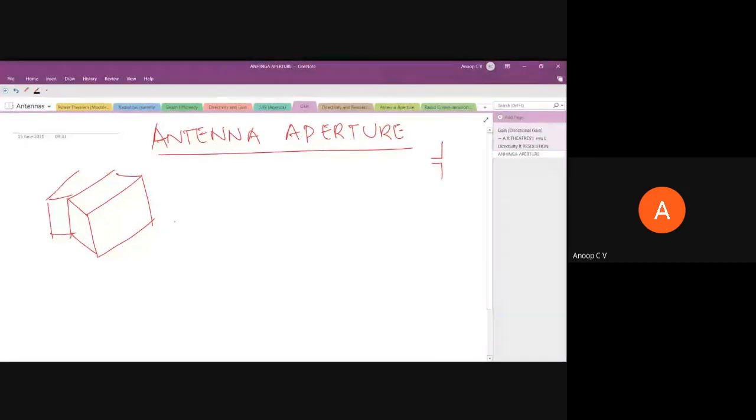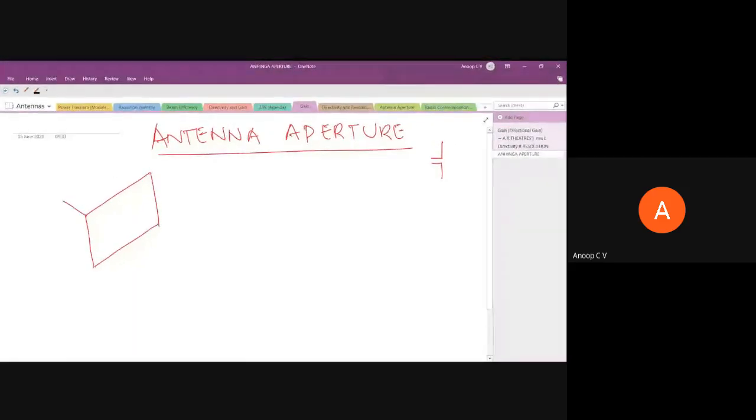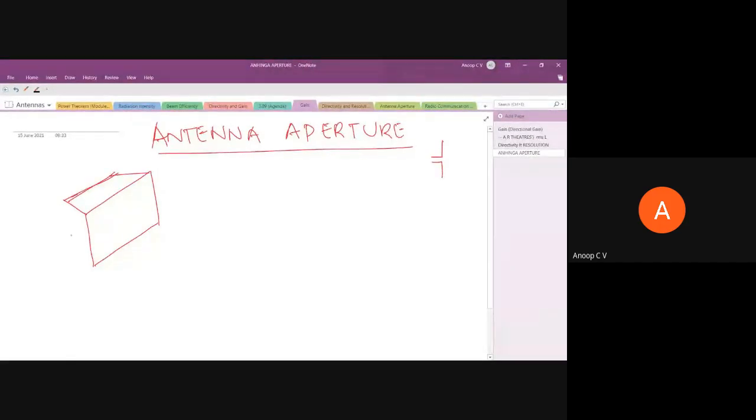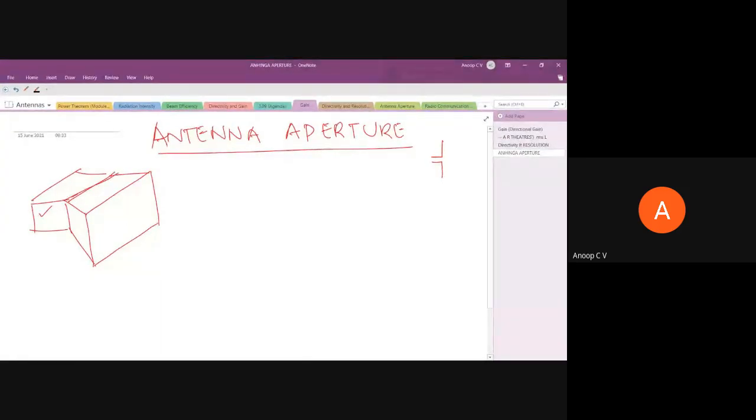One second, maybe I can draw a neater diagram. This horn type of antenna has a physical opening. This horn antenna is a rectangular waveguide that is tapered open like this.